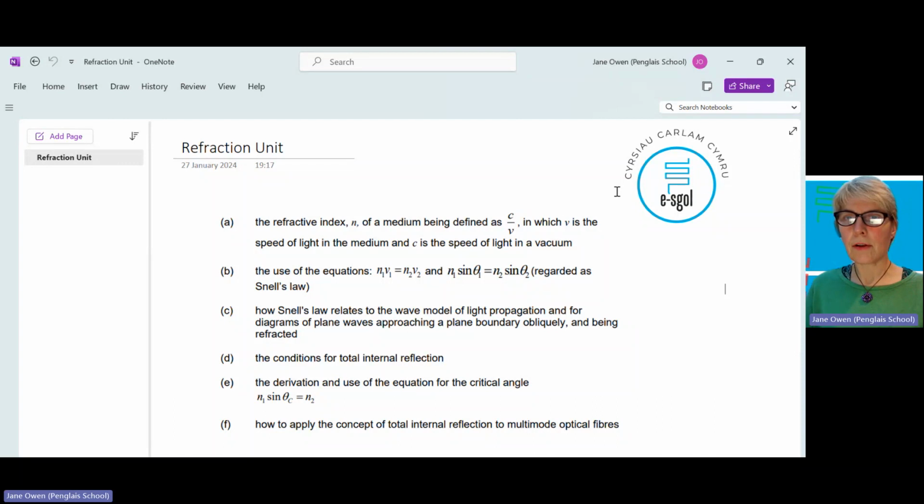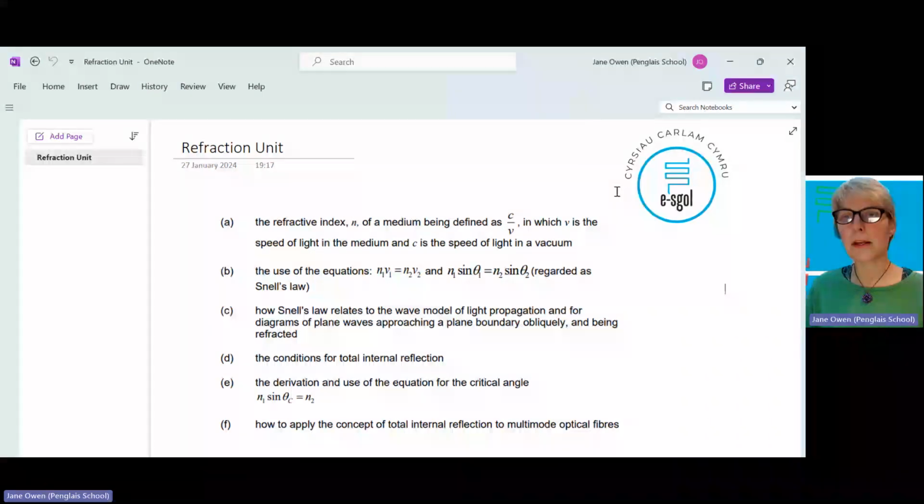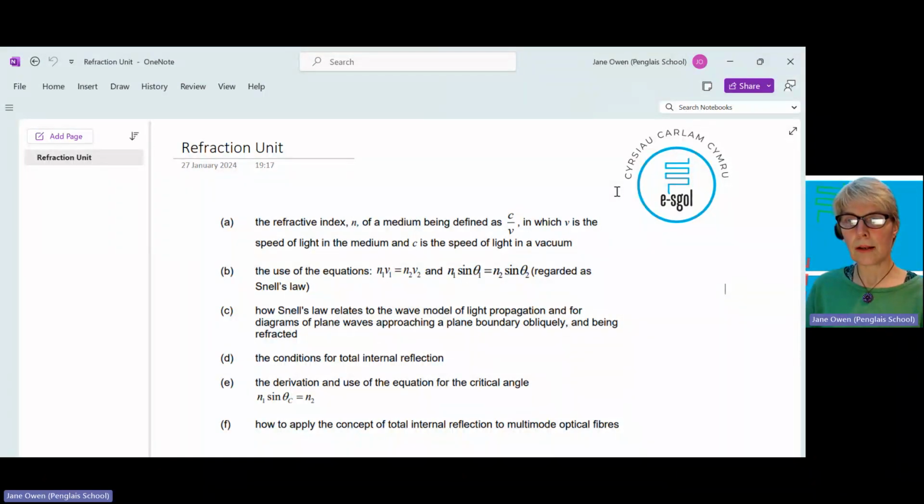So what we've decided to look at is session 1 will be conducted by Mr. James Ridd from Cunvig School down in Bridgend, and he will be doing the first session on conduction of electricity and resistance. I will follow that with Unit 2.6, Refraction of Light. My name is Jane Owen and I am from Penglais School in Aberystwyth.